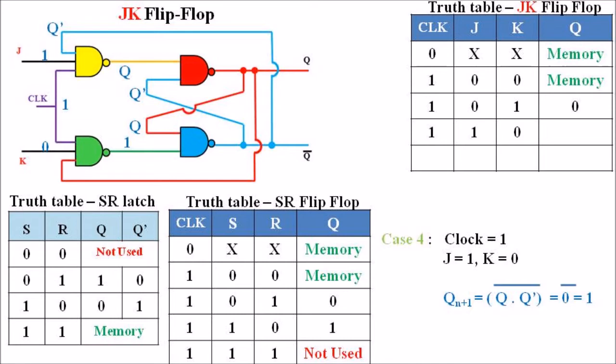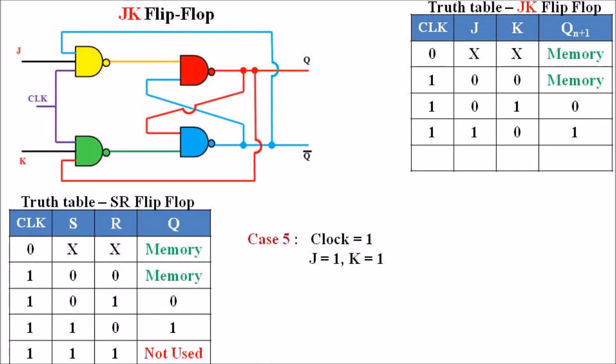A dot A complement is 0, thus Q dot Q complement yields 0. Q dot Q complement the whole complement is equal to 0 complement, which is equal to 1. This simply means that the output is 1. That is, for case 4, clock equal to 1, J equal to 1, K equal to 0 yields an output of 1.